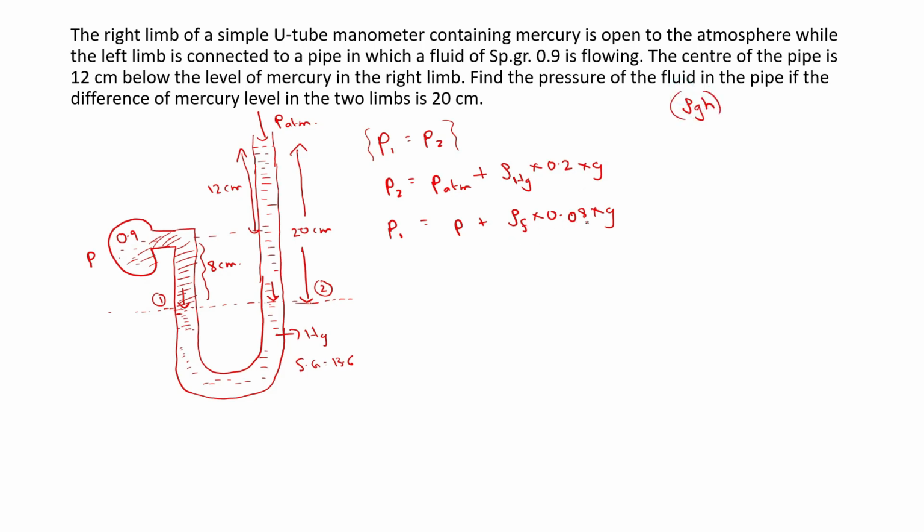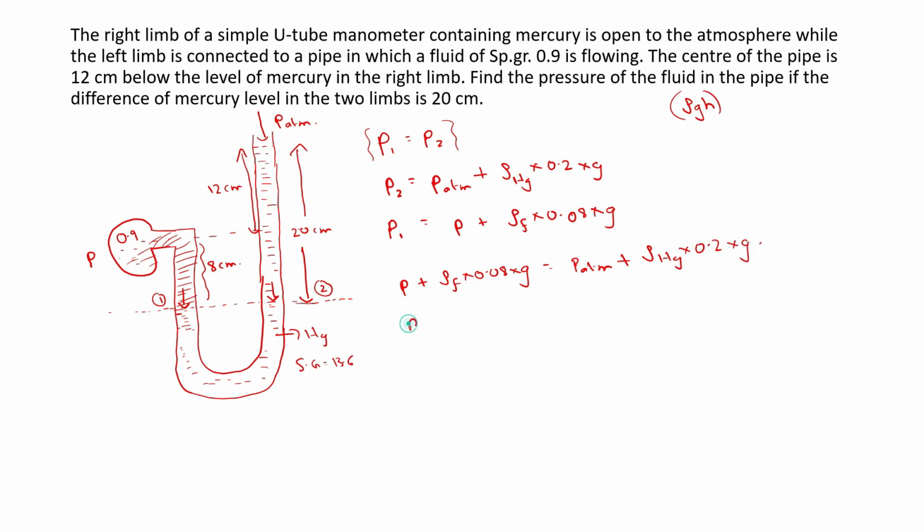So this is rho gh, 0.08 is h, g is the acceleration due to gravity. And if you equate these two, you will get P plus rho f into 0.08 into g is equal to P atmosphere plus rho Hg into 0.2 into g.